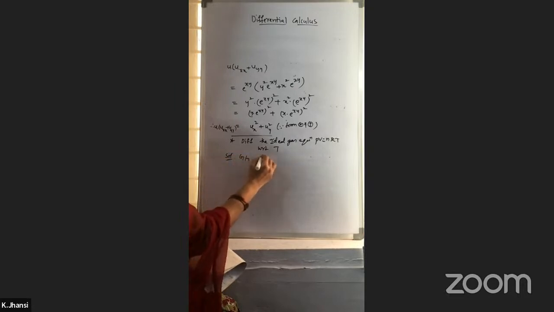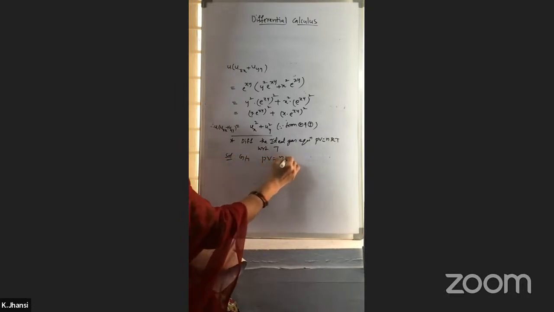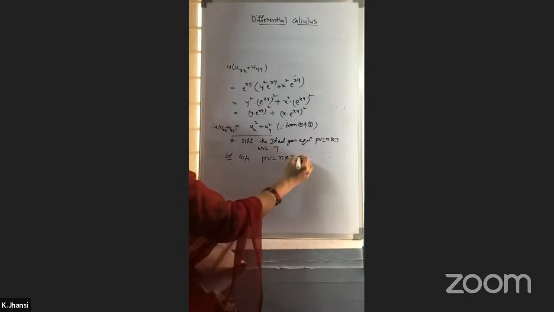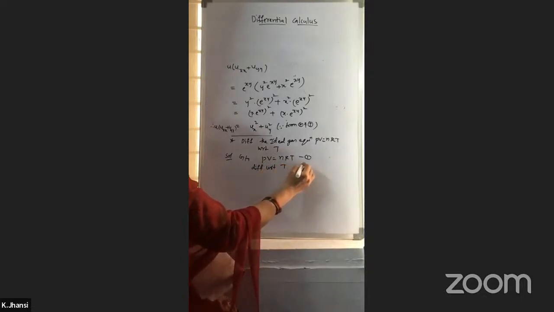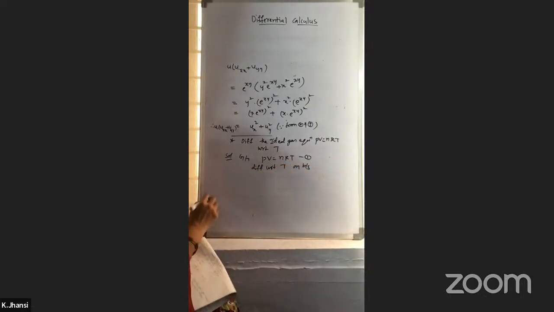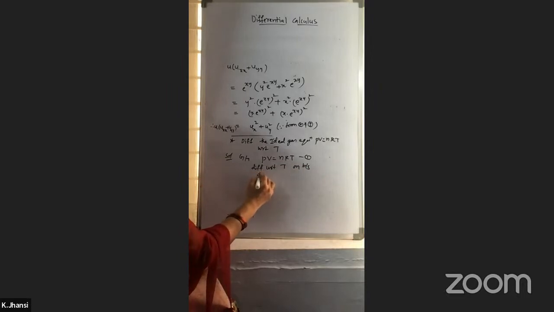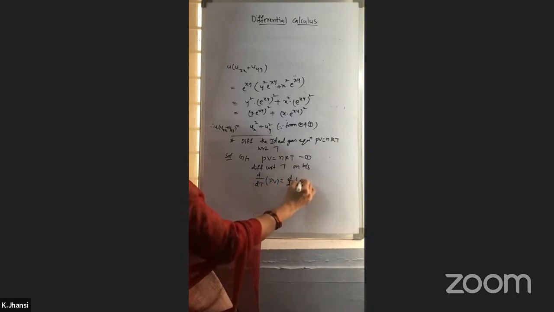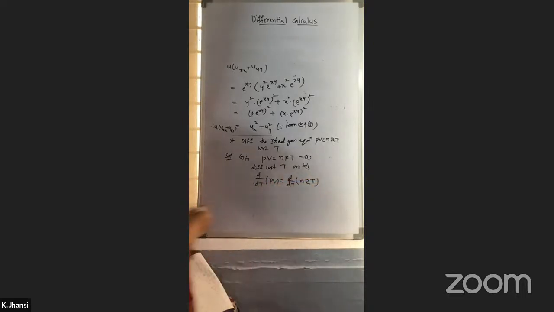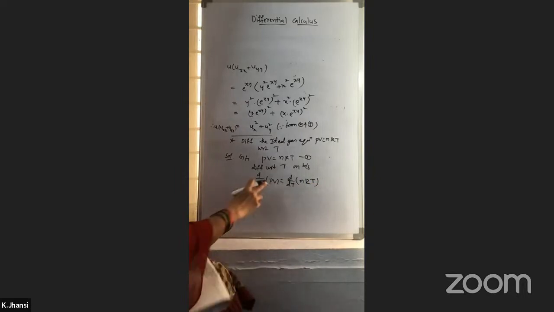Given that PV equals nRT. If you take this as the equation, differentiate with respect to T on both sides, that is d by dt of PV equals d by dt of nRT. So this is the UV rule.